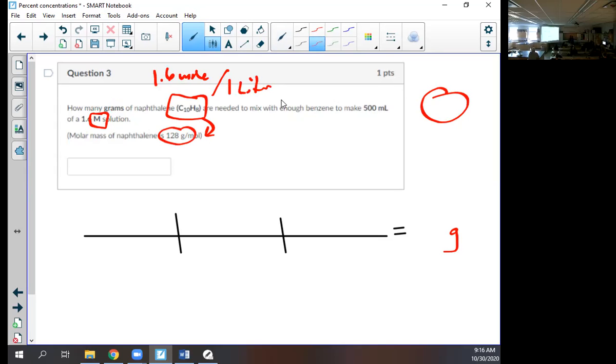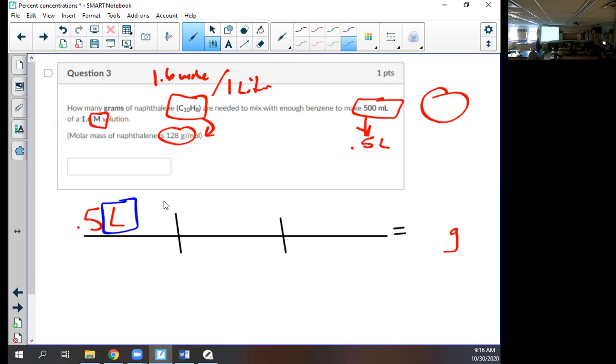Okay, then on the problems where we solve for grams, I'm going to start with my loner, meaning the number that is not part of a proportion, and it has to be in liters, 0.5 liters. The value of the picket fence says this unit always goes where? Tell your partner.